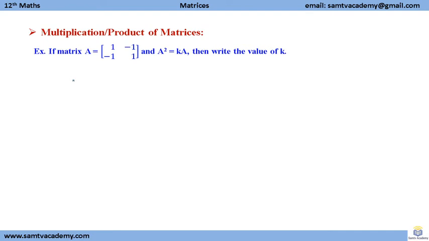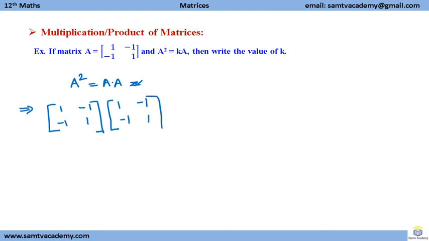So what is A square? A square is A multiplied with A. So let's calculate the value of A square. For A square we will take A, 1 minus 1 minus 1 1, multiplied by 1 minus 1 minus 1 1.